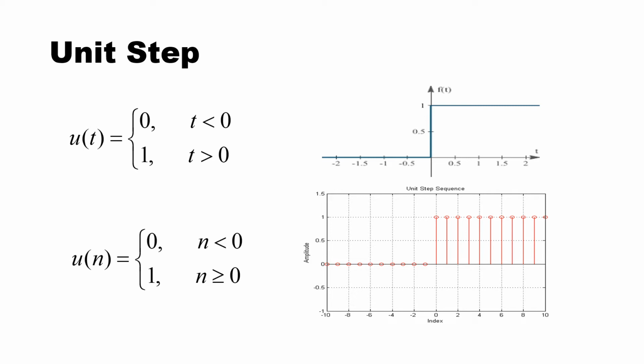You can see that it is defined at t less than 0 and it is defined at t greater than 0. T less than 0 being a very small value but a negative value, and t greater than 0 is a very small value, for example 0.0000000001, but a positive value. So it has a discontinuity at t is equal to 0.